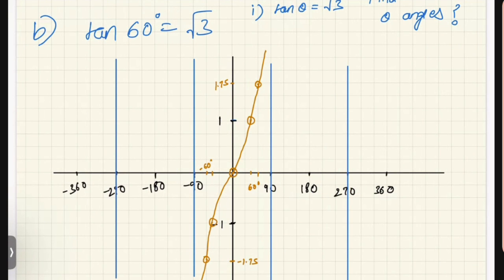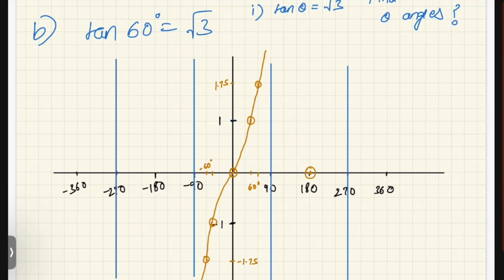Now remember that in cosine it's easier because you can drop a perpendicular. To drop a perpendicular or to find a similar value, you will have to do the same thing here. But you have to draw the graph also. You need to start at 180, your 0.